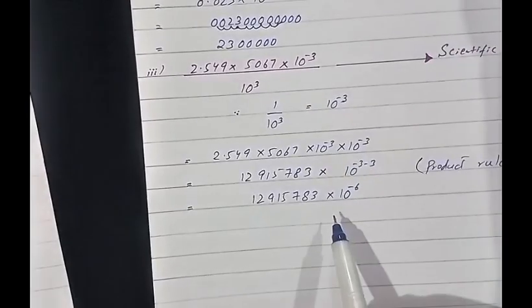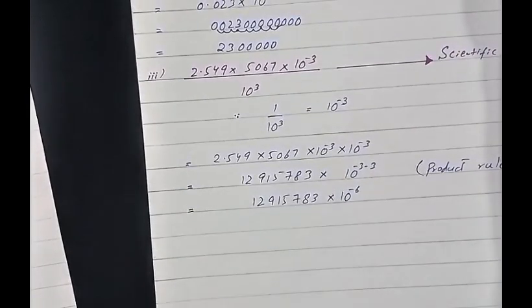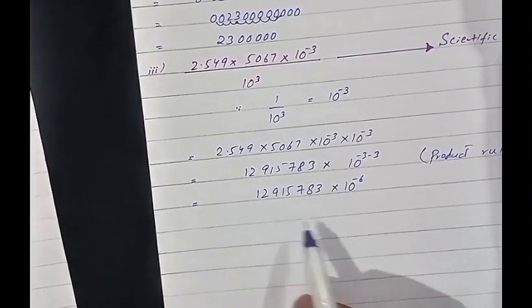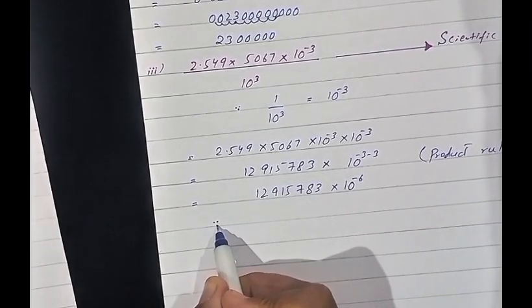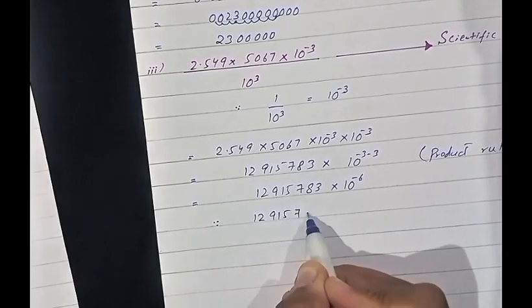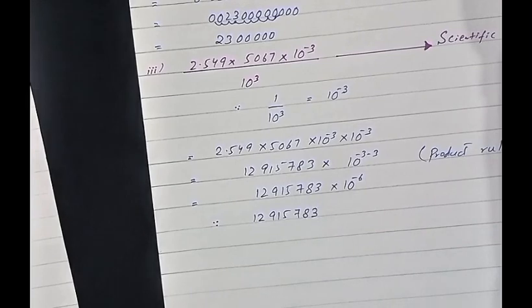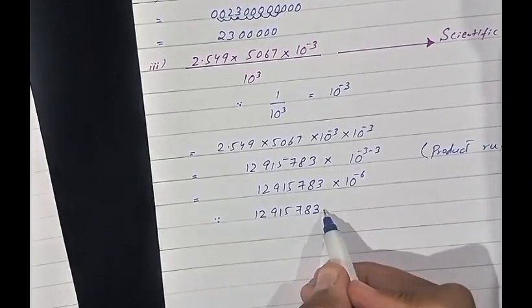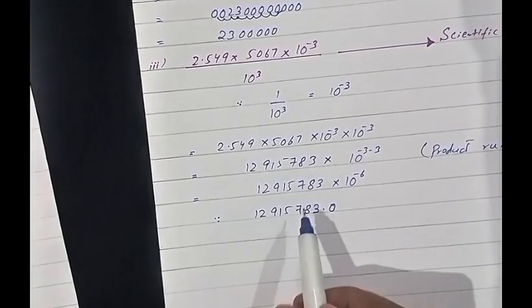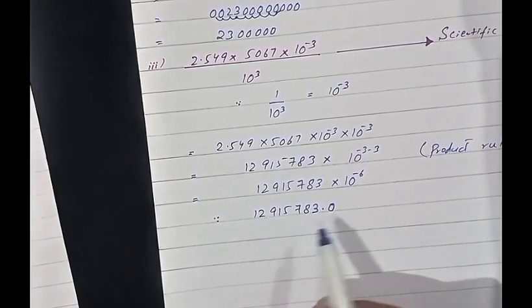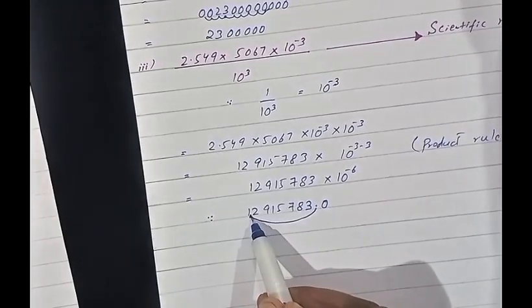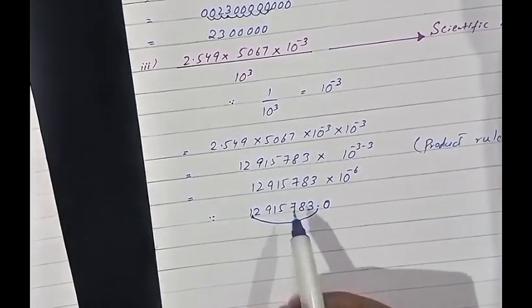As we have to convert it into scientific notation, first we have to write this number in scientific notation. So we convert 12915.783 into scientific notation and assume the decimal is after 3. Now we move this decimal after 1, which is the first left-hand non-zero number, so we move it between 1 and 2.